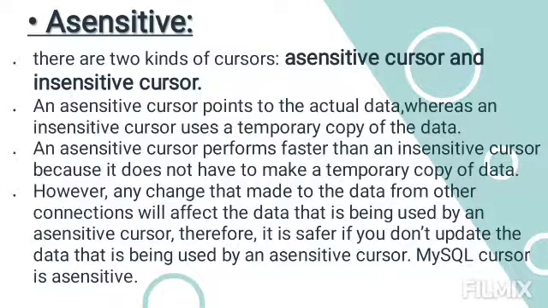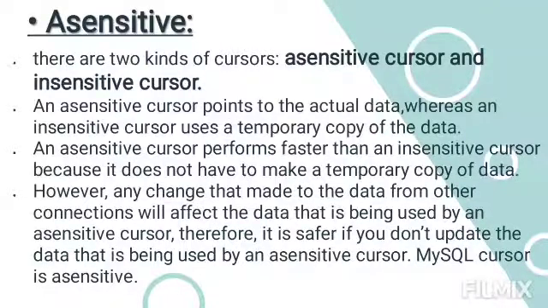There are two kinds of cursor, a sensitive cursor and an insensitive cursor. A sensitive cursor points to the actual data, whereas an insensitive cursor uses a temporary copy of data. A sensitive cursor is faster compared to an insensitive cursor. However, any change made to the data from another connection will affect the data being used by a sensitive cursor.